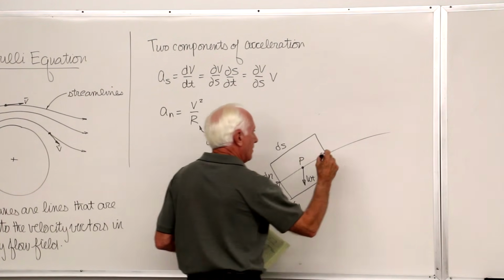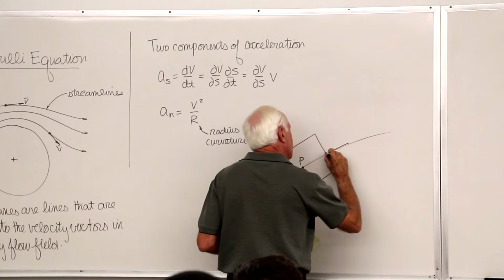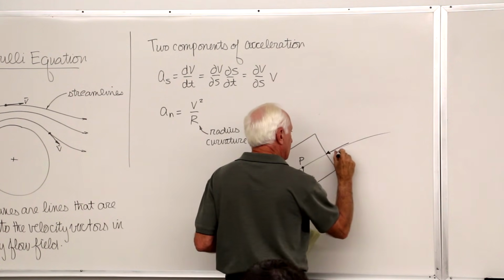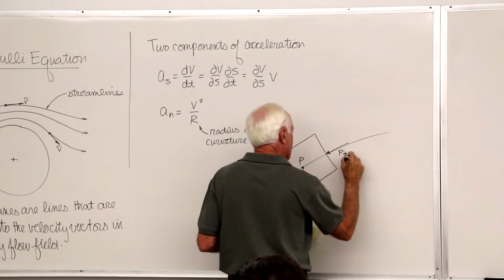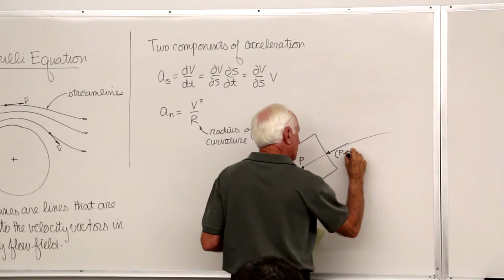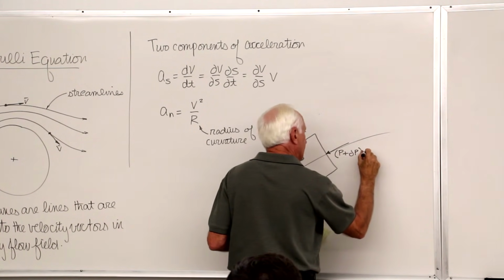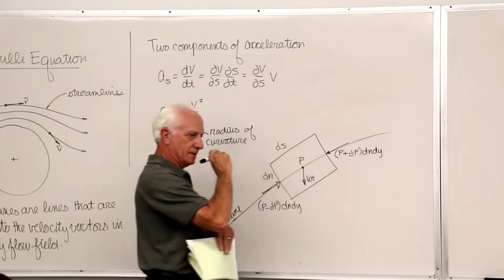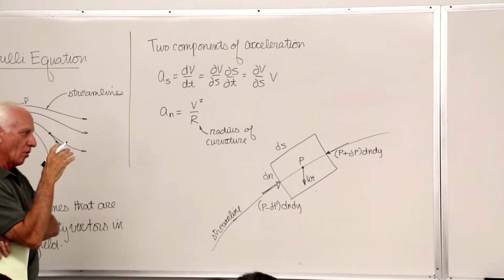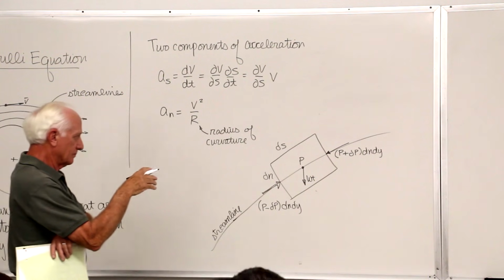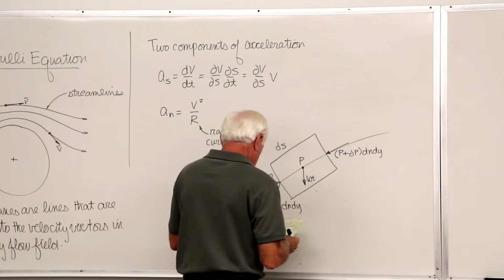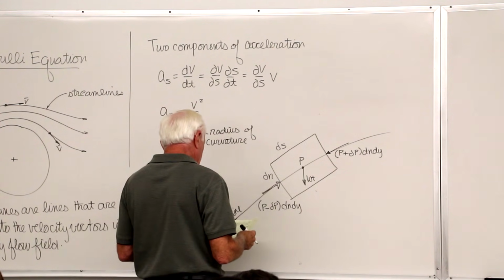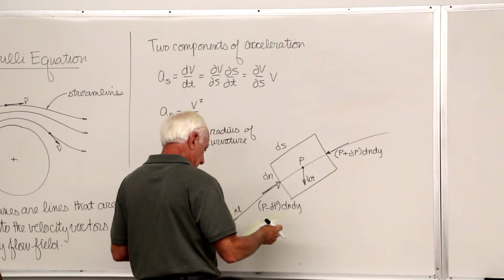The pressure on the right side is P plus dP, times dN dy. dN dy is the area over which the pressure acts. And I think that's all we've got in there in that direction.